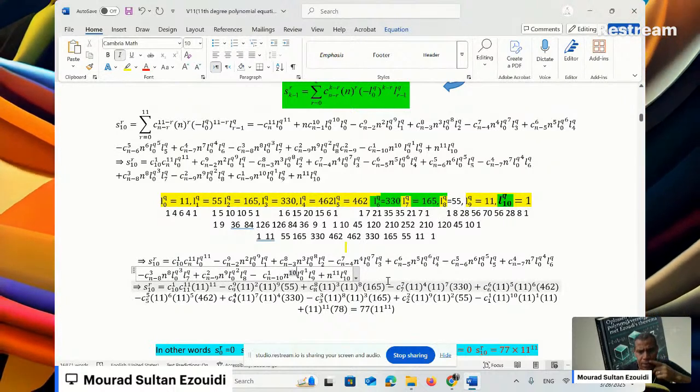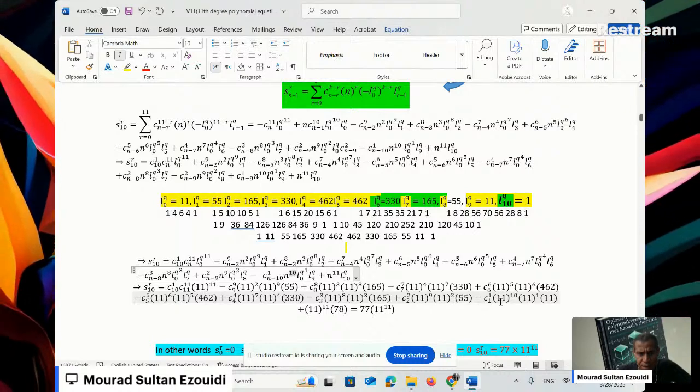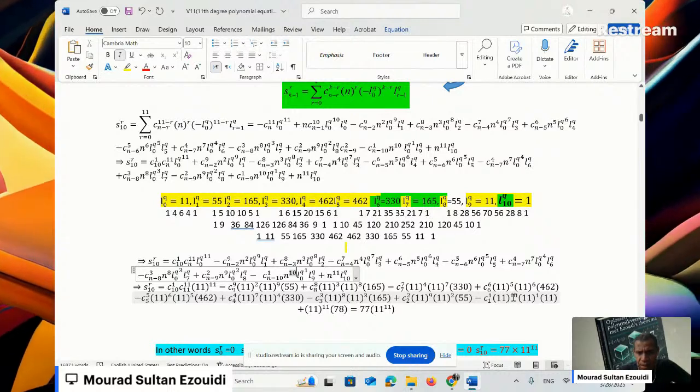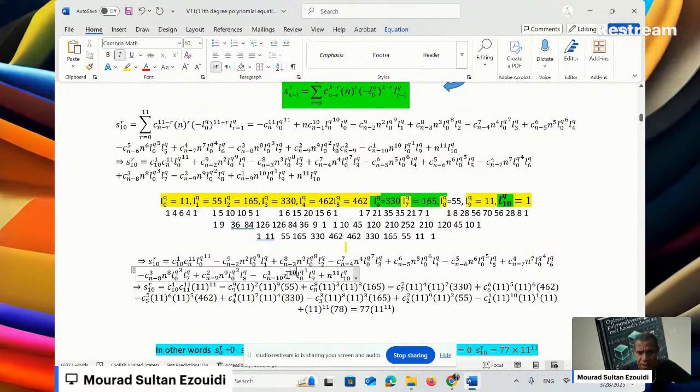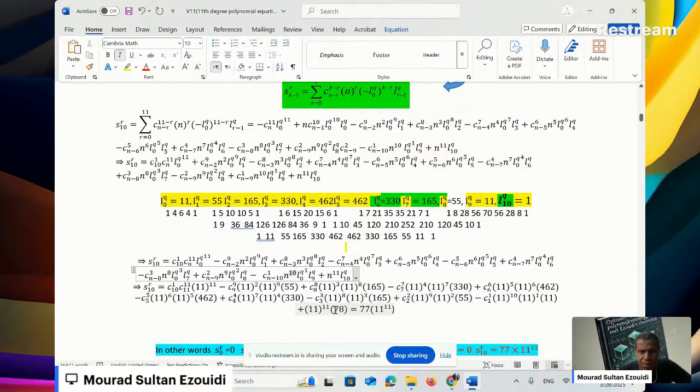Okay. So I'm coming here and replace this with the combination. Yes, it's written here 10. 11 raised to n is 11, 11 raised to the power 10. Okay, and then this one has to be equal to 1.